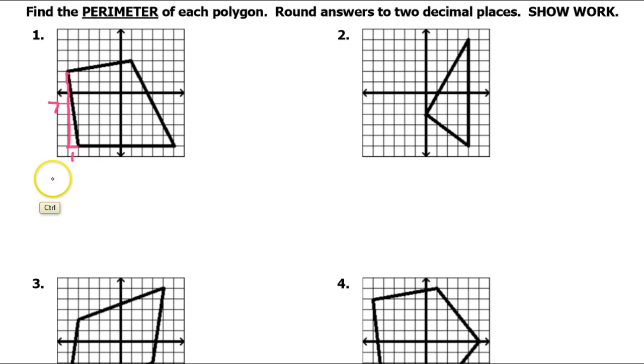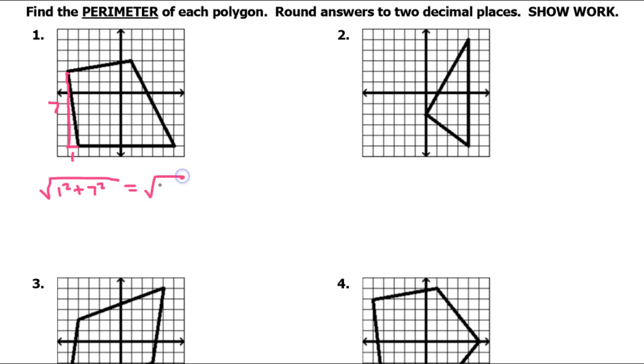So the length of that, I can find it by doing the Pythagorean theorem. So it's going to be the square root of 1 squared plus 7 squared. So what is that going to be? Well, that's 1 plus 49.